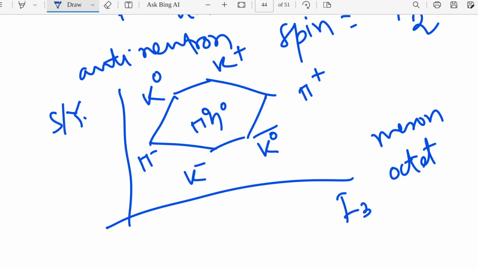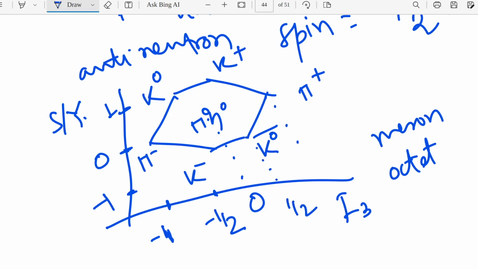So we have already calculated that this point is 0, this one is plus 1, this one is minus 1, this one is minus 1, sorry, this point is 0, this is half, and this is 1, right?